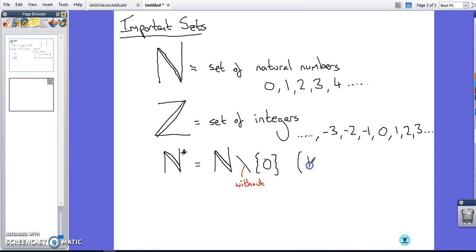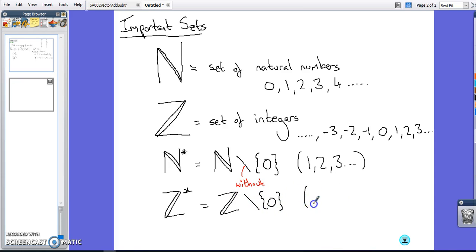So this would then be 1, 2, 3, etc. And in the same vein, we have Z star, which is the set of integers without 0. So -2, -1, 1, 2, 3, 4, etc. So the set of integers without 0.